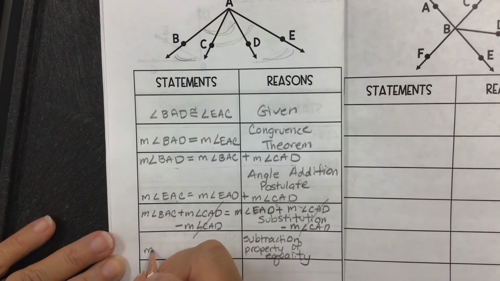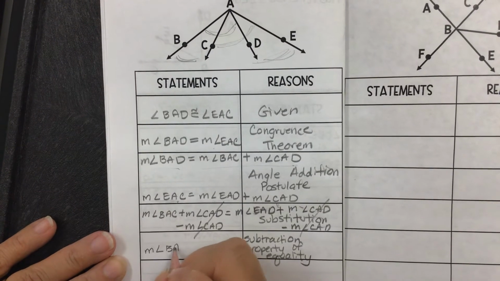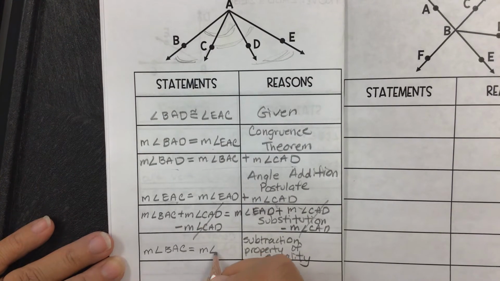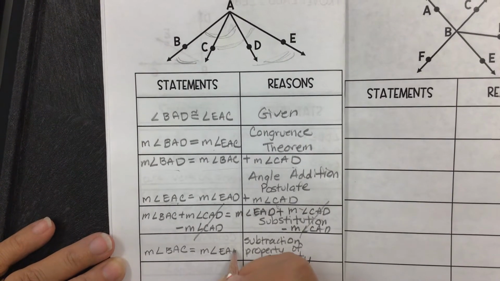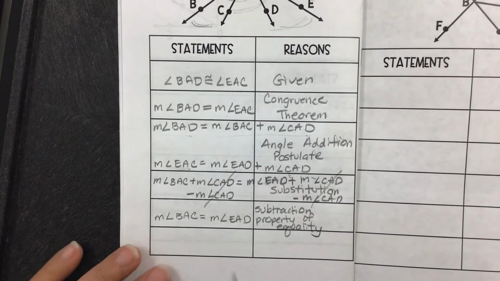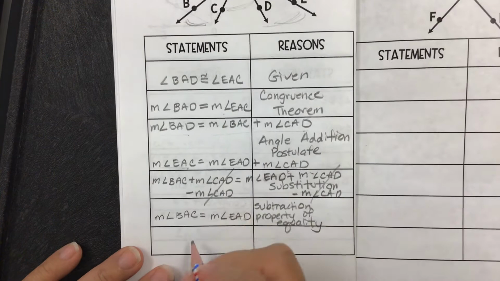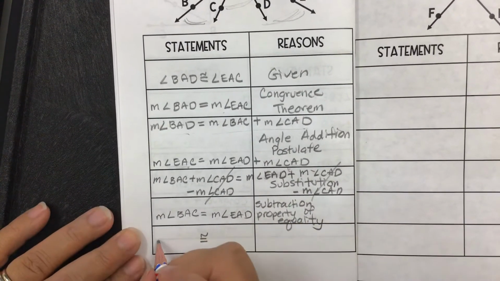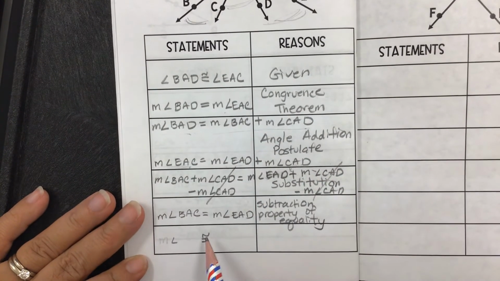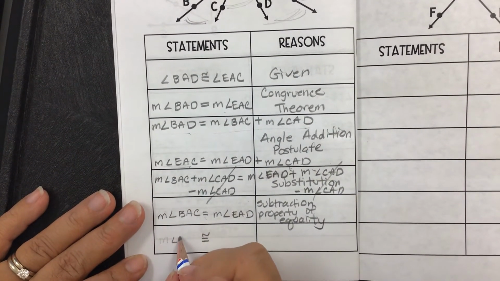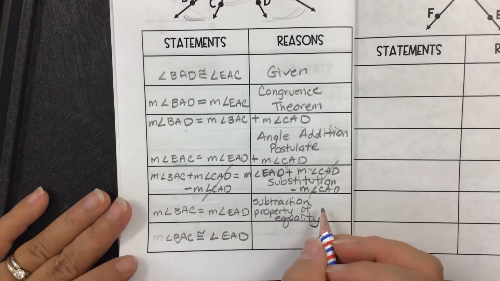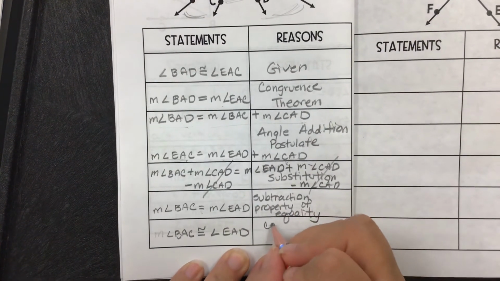It tells me that now I have the measurement of angle BAC is equal to the measurement of the angle EAD. From an equal sign to a congruency sign. So instead of an equal sign, we have a congruency of angle BAC and the angle EAD by the congruence there.